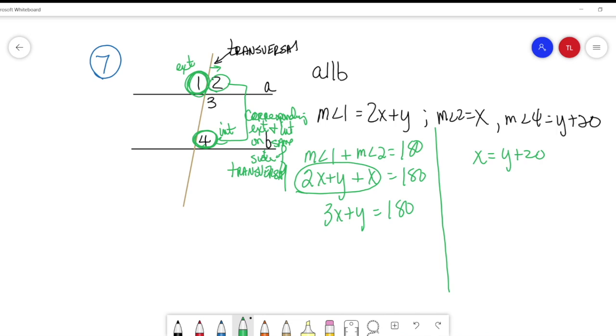And young people, you're being introduced, for the first time maybe, I don't know, you may have seen this sometime in the past, to a new type of equations. We call this a system of equations. You've got two equations, one over here and one over there.